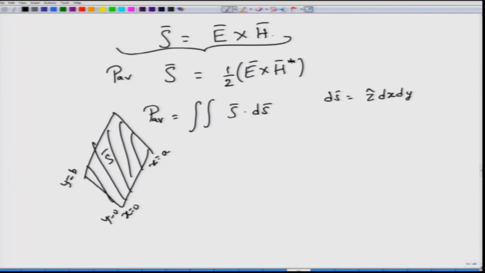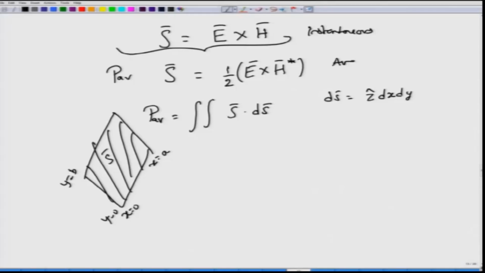If you simply write E cross H, that is called the instantaneous Poynting vector, but most of the time we are not interested in the instantaneous power, because these are oscillating at terahertz, and I really do not have a detector which can follow those instantaneous variations. So, I am mostly interested in the average powers.